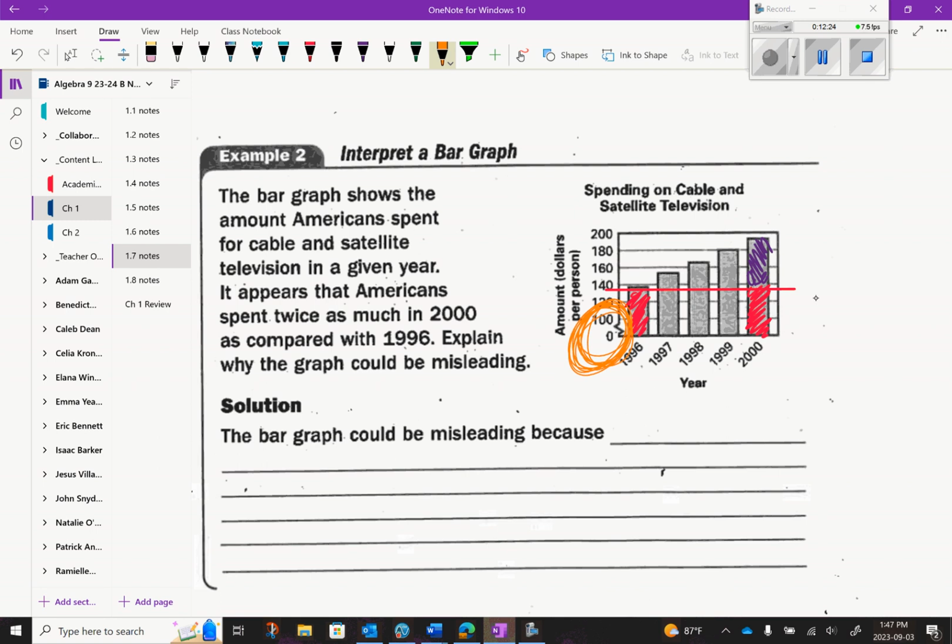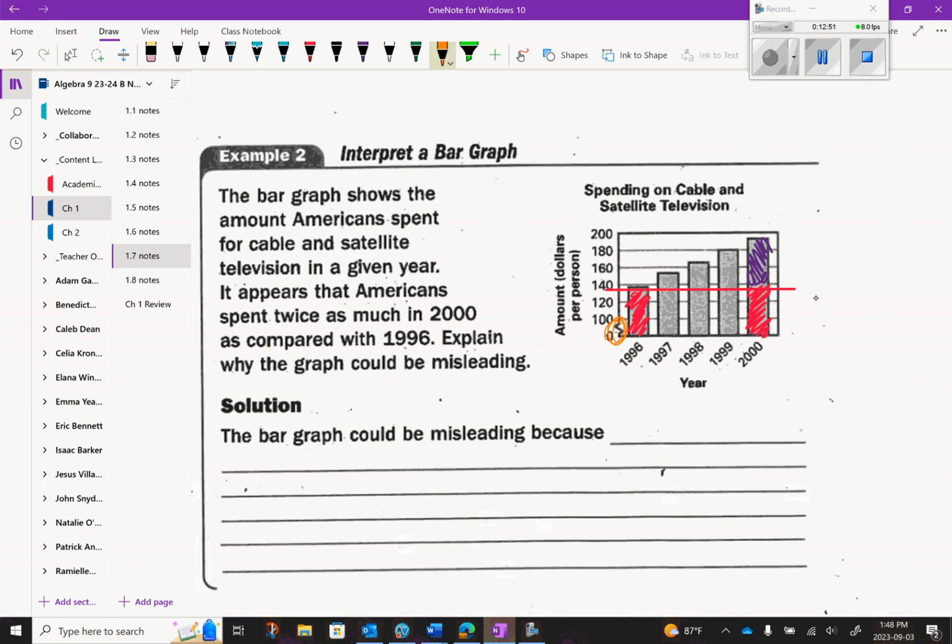Explain why the graph may be misleading. Now, to show the difference from one year to the next, to show that things are clearly increasing as we're going along here, they've decided to shorten up the graph by having this little break. That's what that little zigzag line is doing right there.